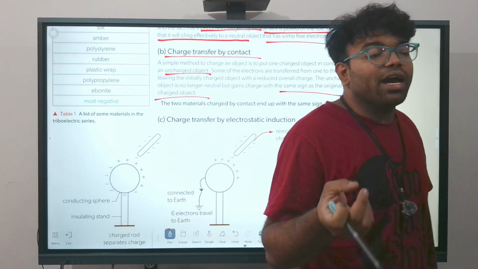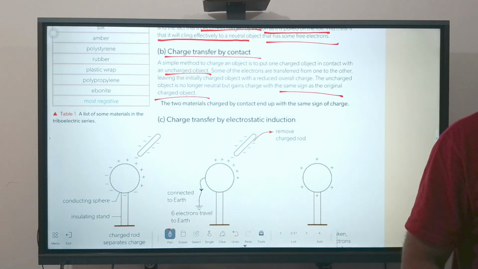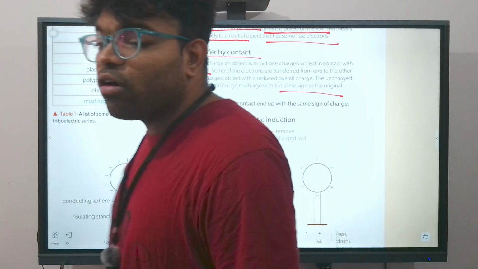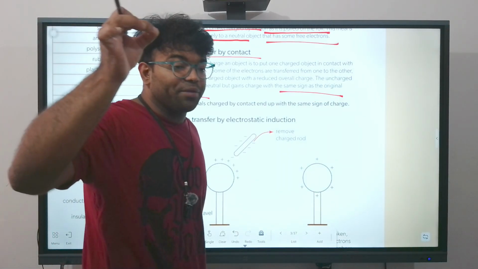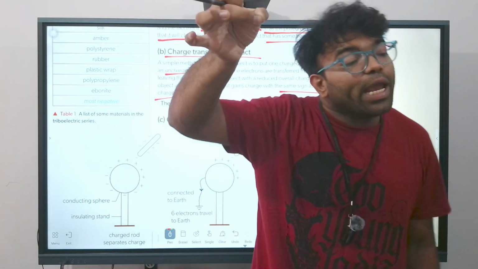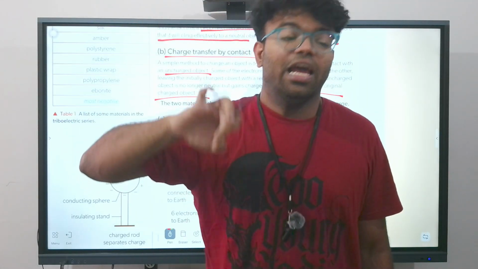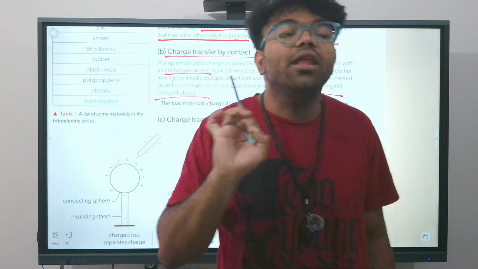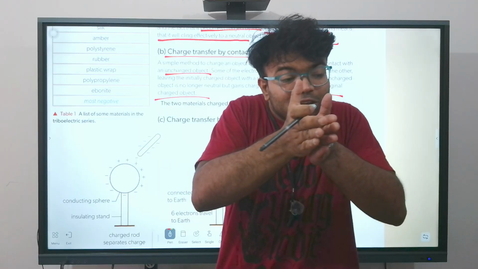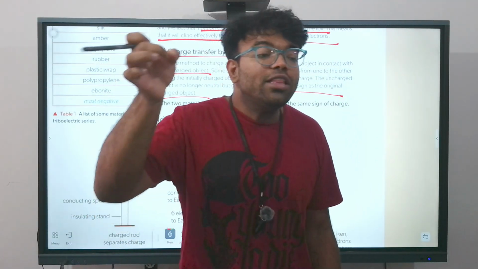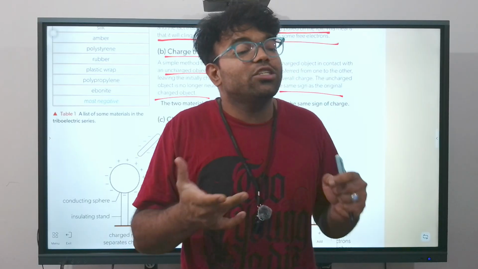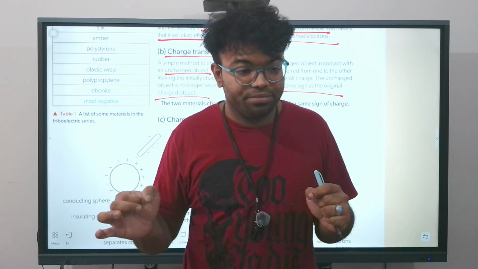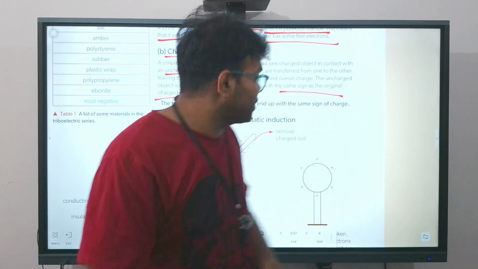This is how we are able to lift pieces of paper from the ground. We are able to lift pieces of paper from the ground because the charged scale is able to induce a charge on the pieces of paper. It is able to polarize a charge on the piece of paper, allowing it to get attracted. Understood? Okay, next.